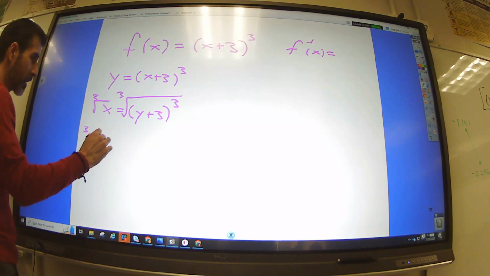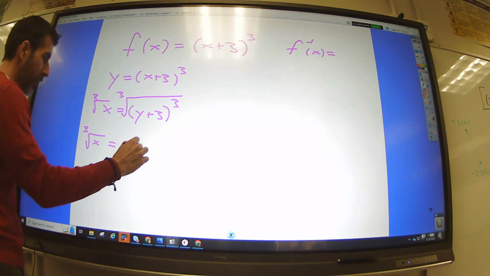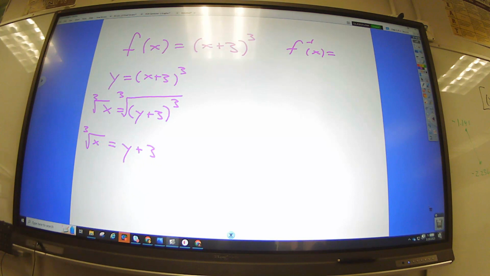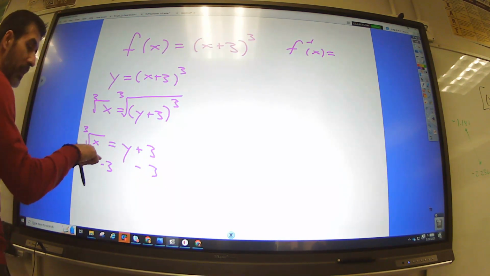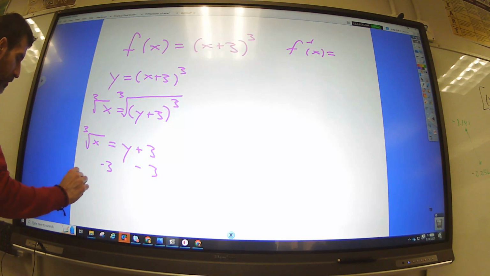Cube root of x equals y plus 3. Now I have to subtract the 3. Because this cube root is only with the x, you do not put it under the 3, because that's going to mess you up big time. Minus 3, minus 3.